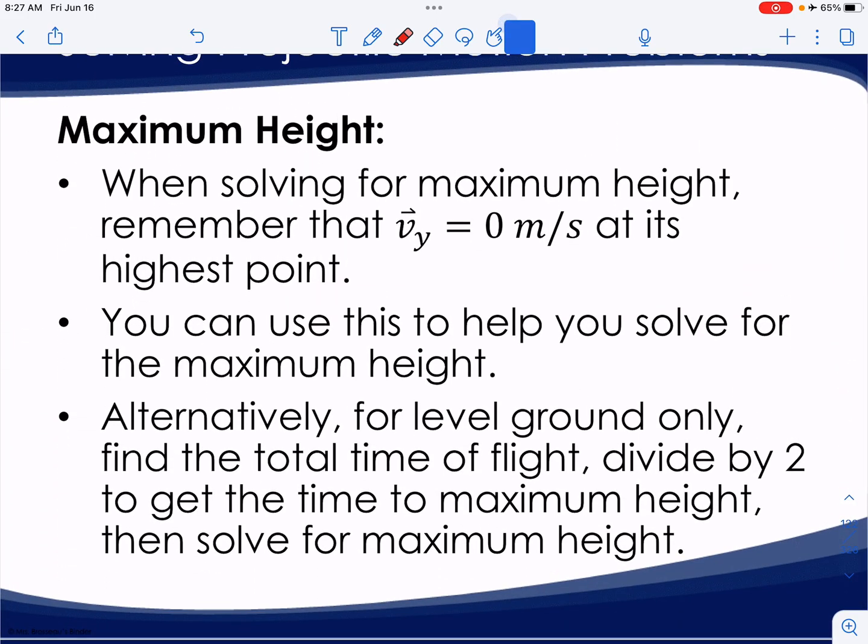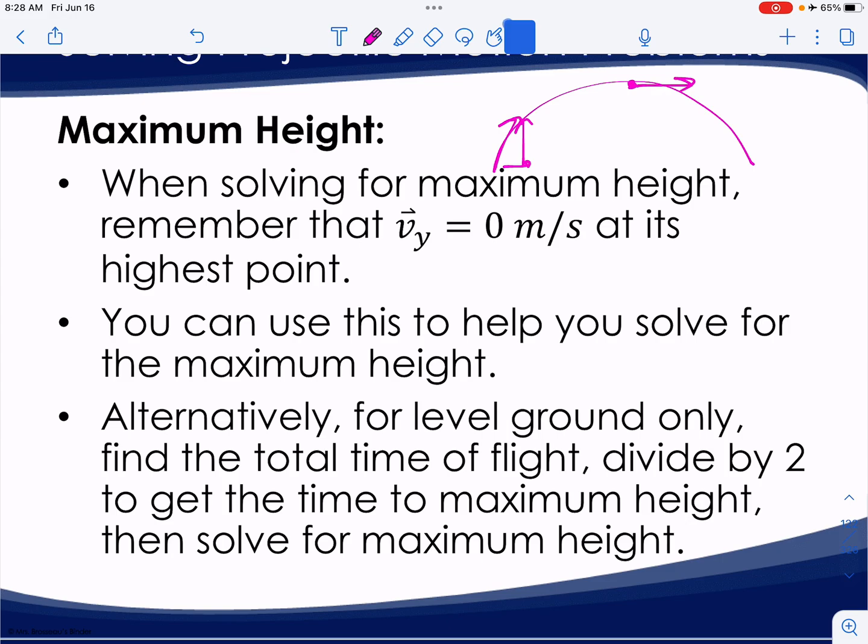When solving for maximum height, remember that if you have a projectile like this, you have a Vx and a Vy component. But when you're at the maximum height, you only have a Vx component.